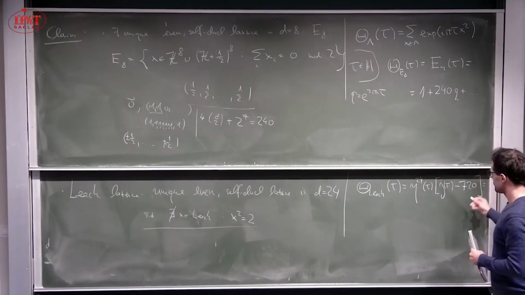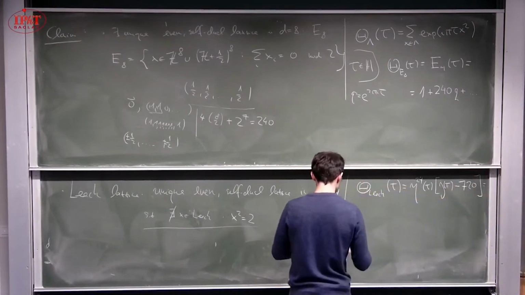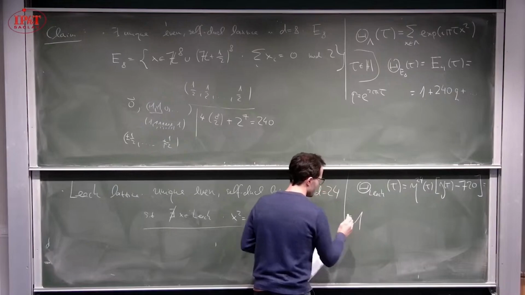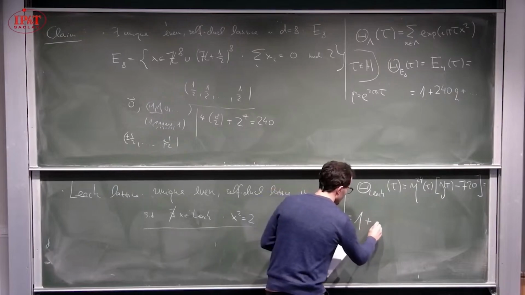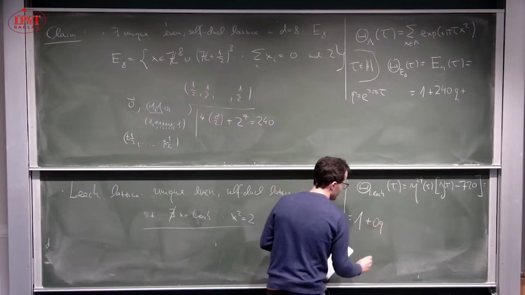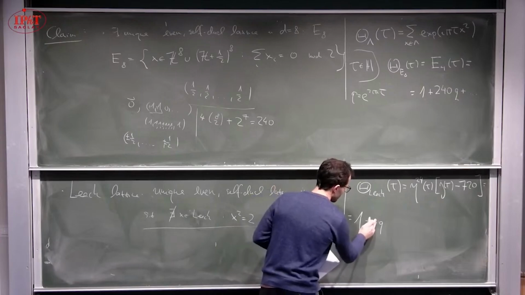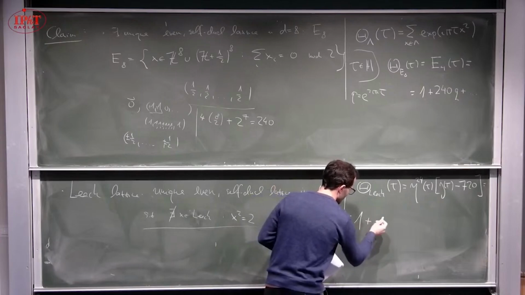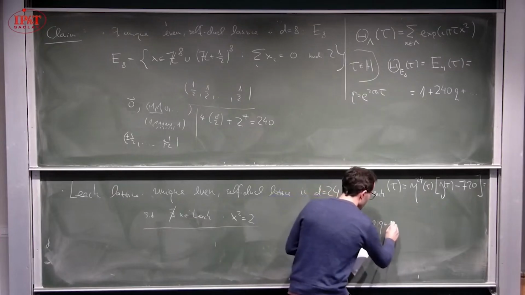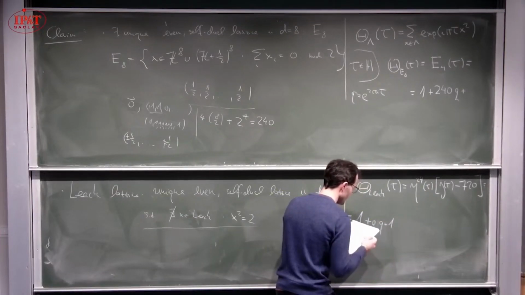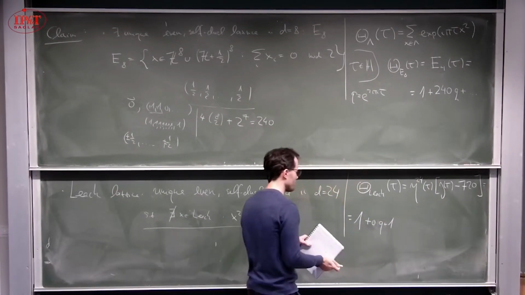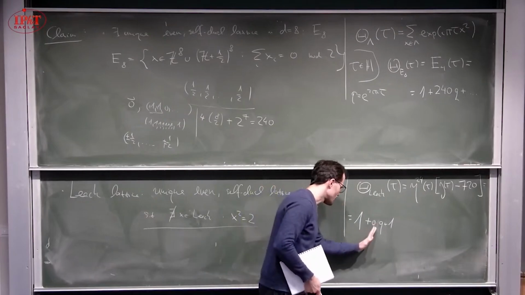But if you actually look at the counting of vectors, well, there is the 0 vector, and then there are no vectors of length squared 2.